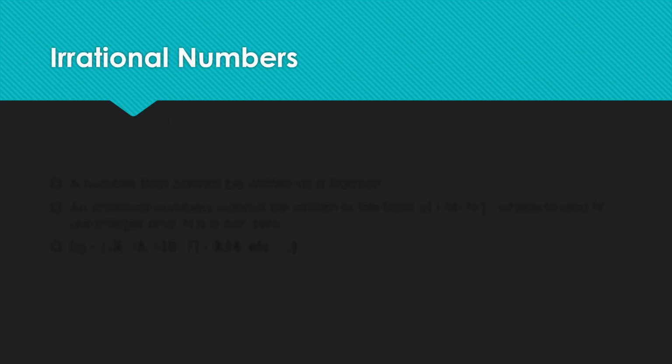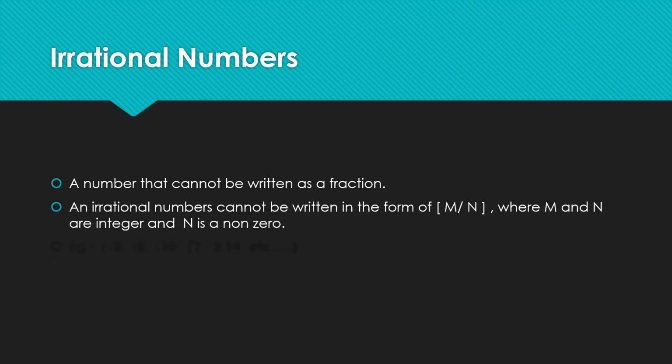Next we are moving to irrational numbers. An irrational number is a number that cannot be written as a fraction. In other words, irrational numbers cannot be written in the form m by n, where m and n are integers and n is non-zero.